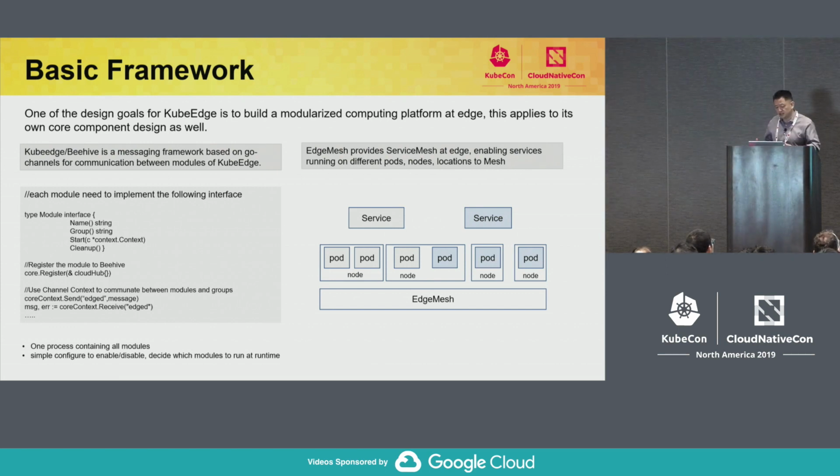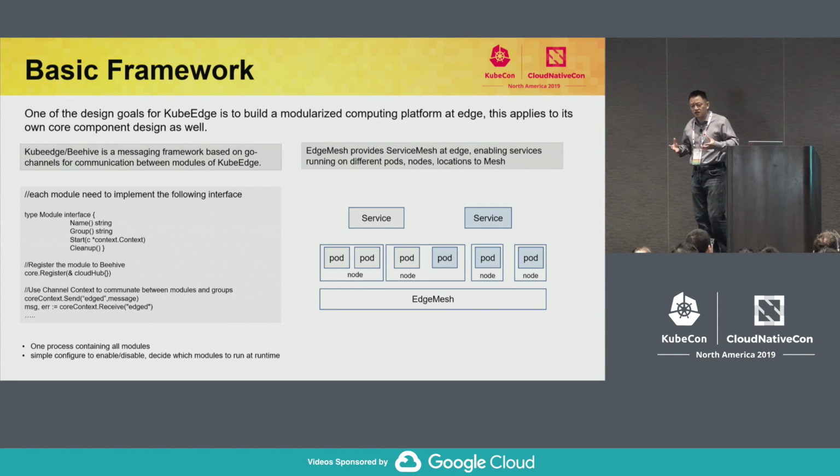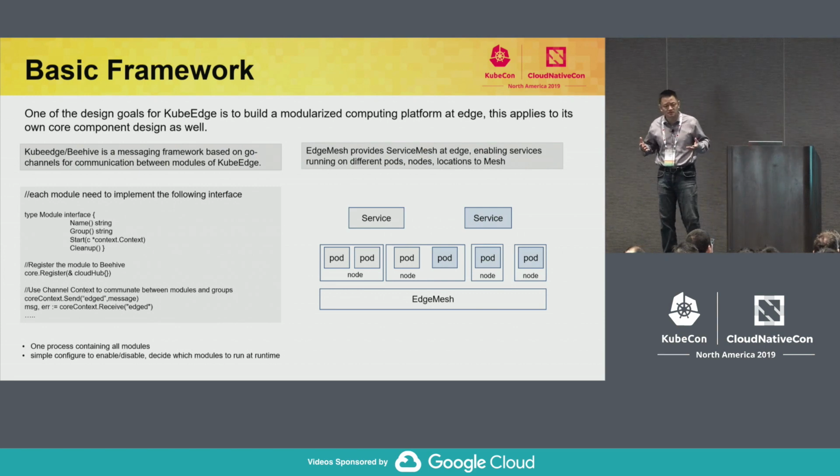Same thing applies on the application side. To start with, you would package your logic into one container and push it down to the edge side and start running. Then gradually you would say, I want different functionalities. You would have multiple containers running on the same node.